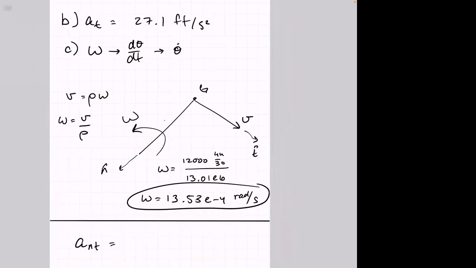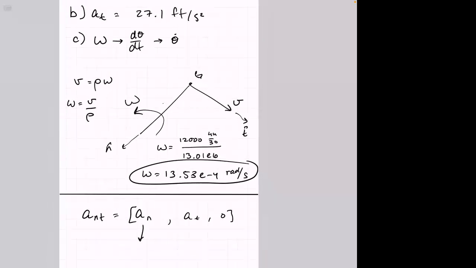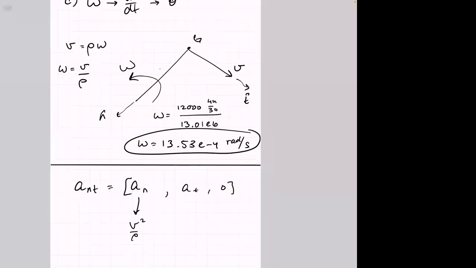So for normal, v squared over rho, and we also used v equals r omega. For a_t, we were just happy to have it.